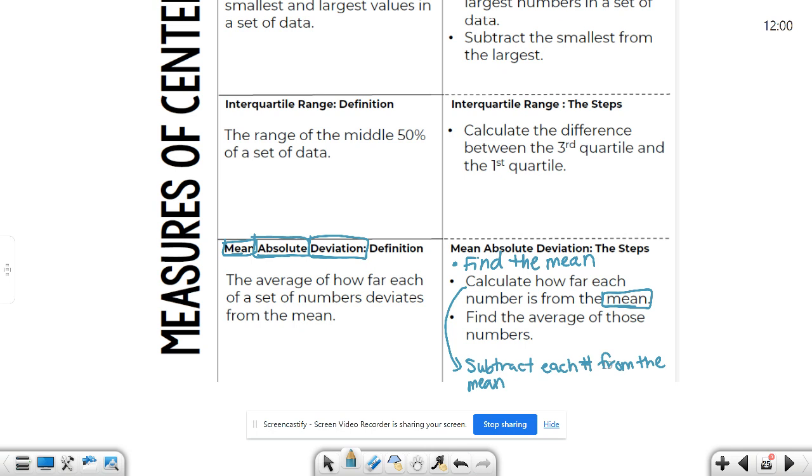There's a lot of from the mean. It sounds confusing right now, but once we practice it, you'll be like, oh, that's not that bad. And so once you do that, you're going to find the average, which is also the mean, of those numbers you subtracted. Okay? So it goes mean, subtract, mean. That's what it really does. Okay?